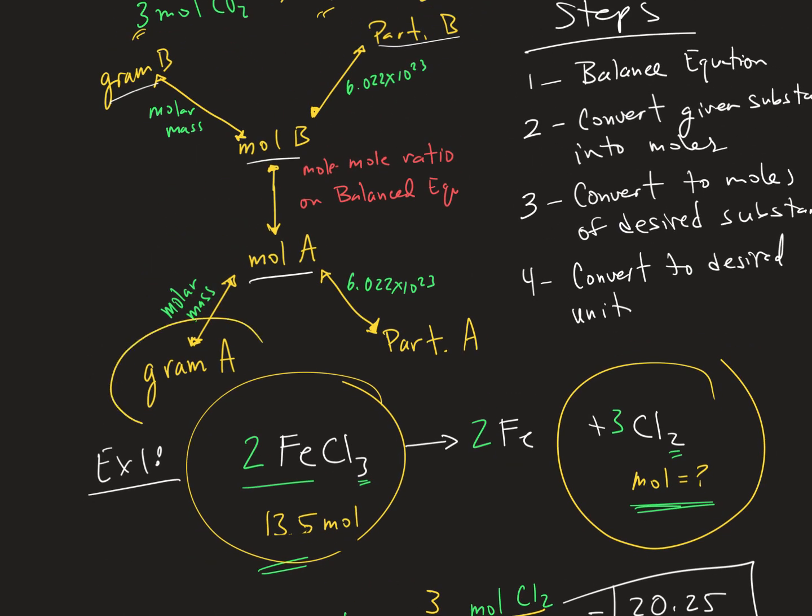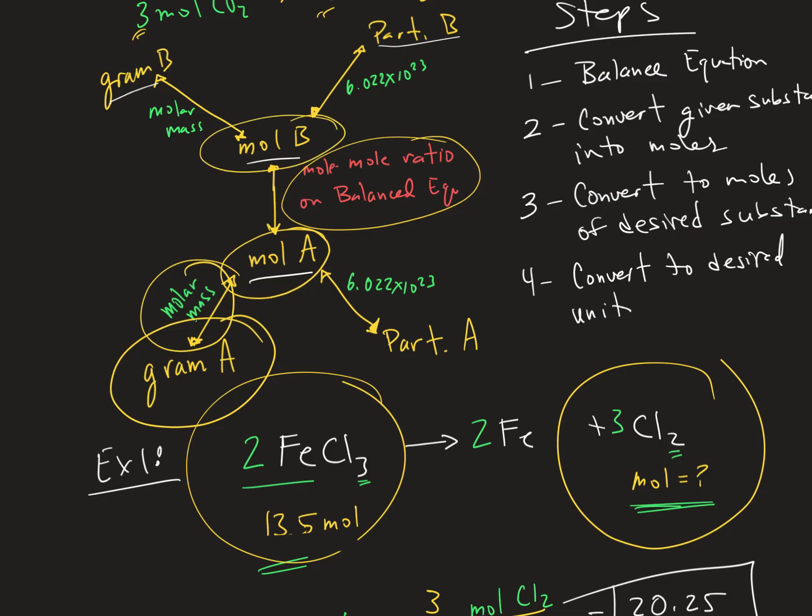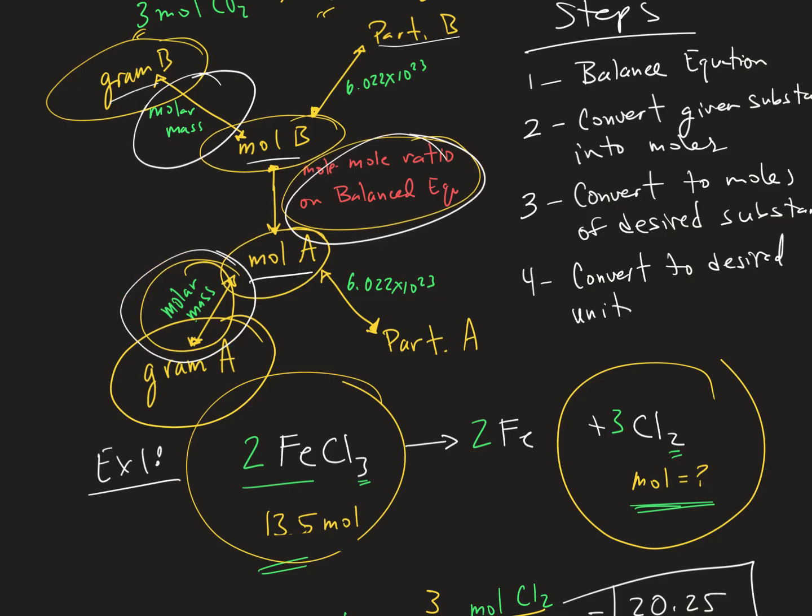So I start here. Then I use the molar mass to convert it to moles. Then I use the mole to mole ratio to convert it to moles of potassium sulfate. Then I use the molar mass to convert moles of potassium sulfate into grams. So we got 1, 2, 3 steps.